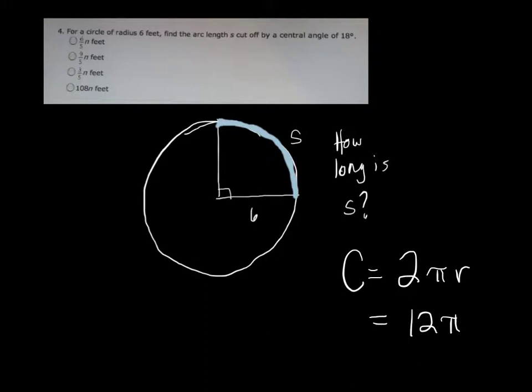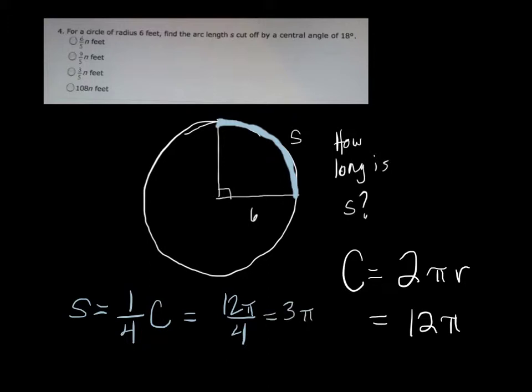And the blue part is what fraction of the circumference? The blue part is a fourth. Right, so we would say that's 1/4 c. In other words, 1/4 would be 3 pi.